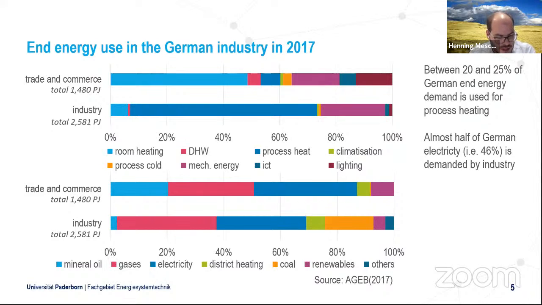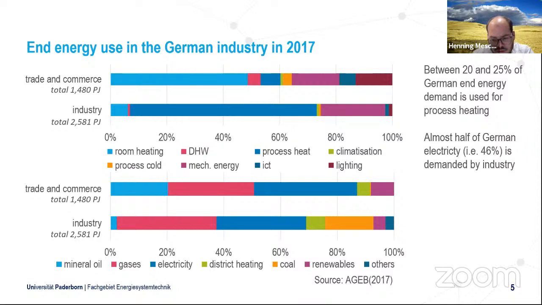In the beginning, I said that we have to start with the needs and the energy demand. And here you see some further diagrams from the end energy use in the German industry sector. Let's focus on the top. Here you see in this blue part that most of the end energy in the industry in Germany is process heat. Of course we have some electricity. Almost half of the German electricity, about 46%, is demanded by the industry sector.